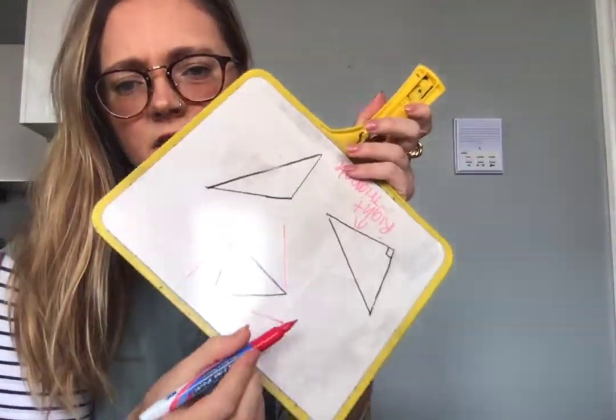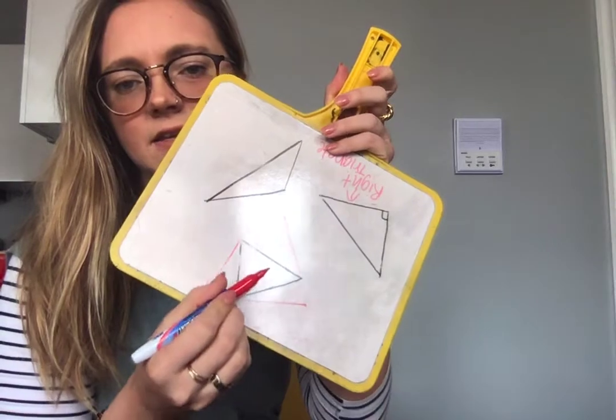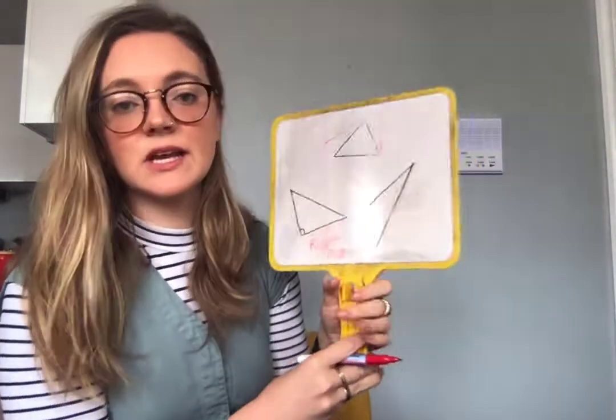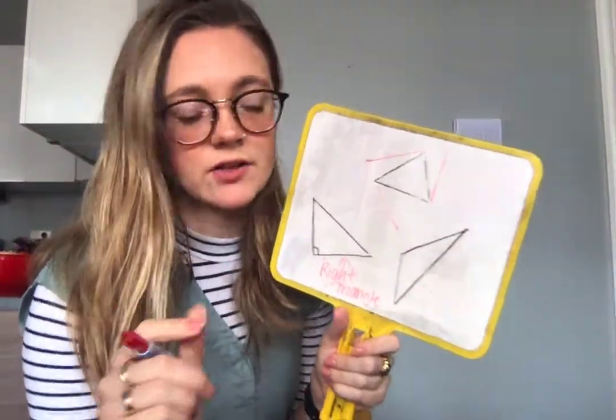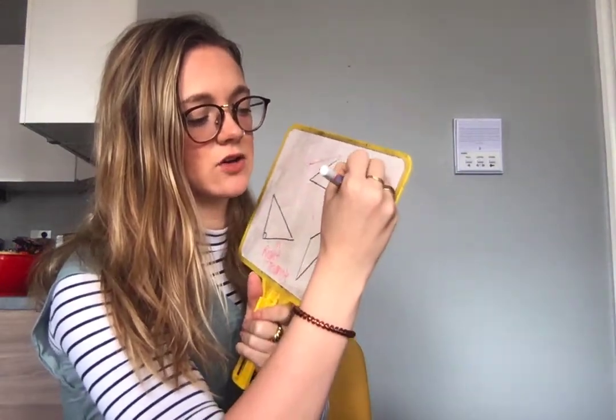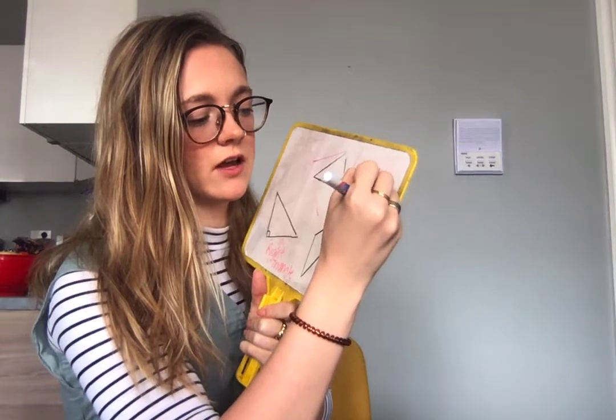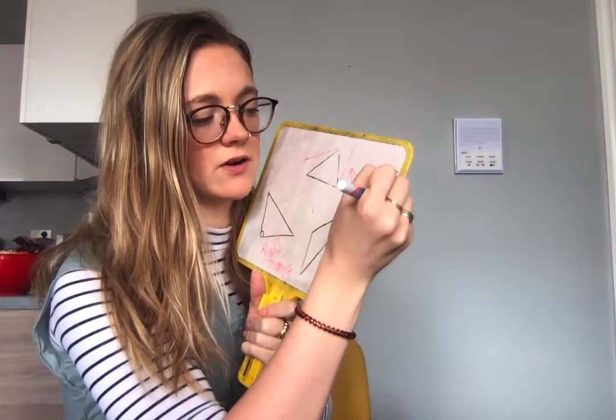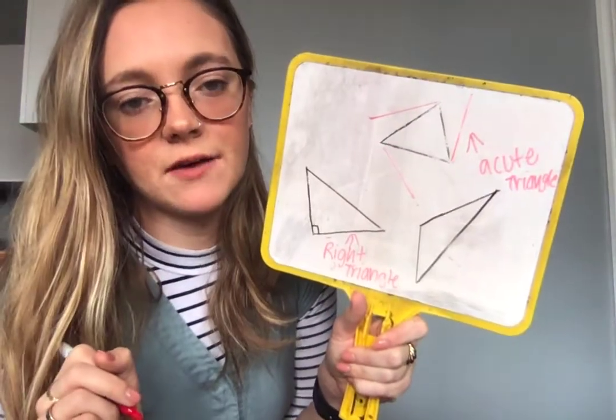And again, if I flip this over, if this were a right angle, mine is smaller. So because it has three smaller than right angles, that means three acute angles, this is an acute triangle. Remember, it's the only one that needs all three.